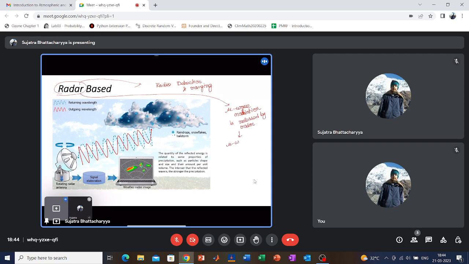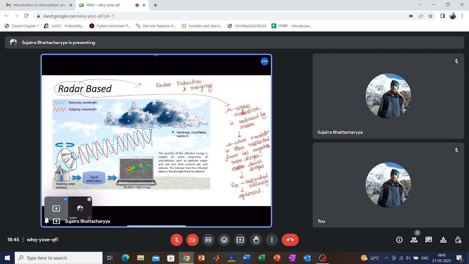This microwave radiation is then reflected from ice crystals, then raindrops or cloud drops, and the reflected intensity is captured.